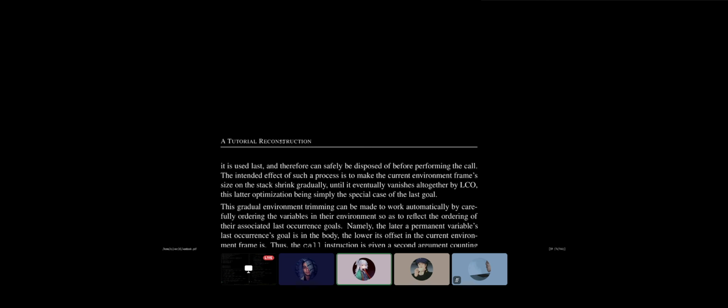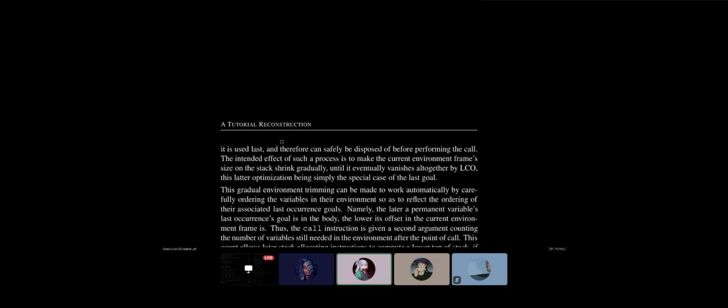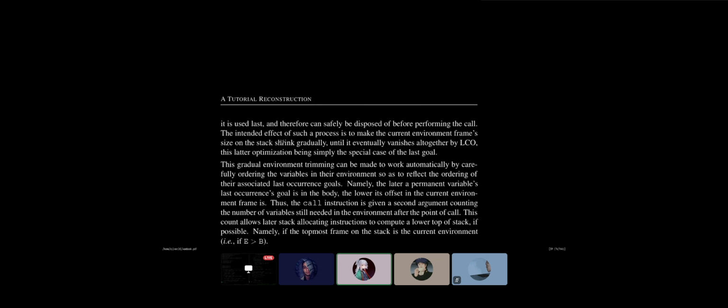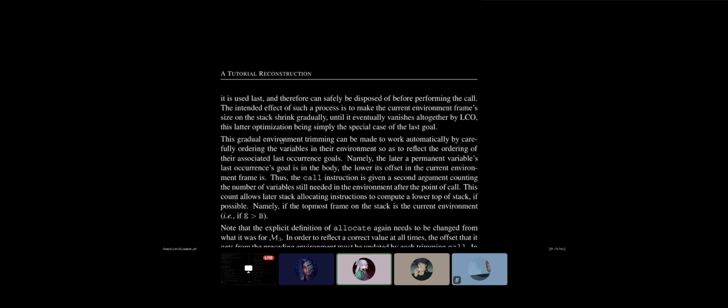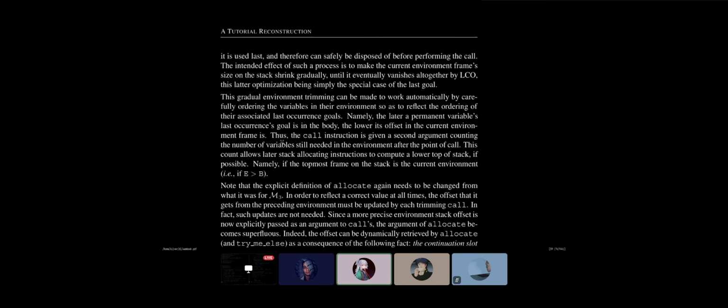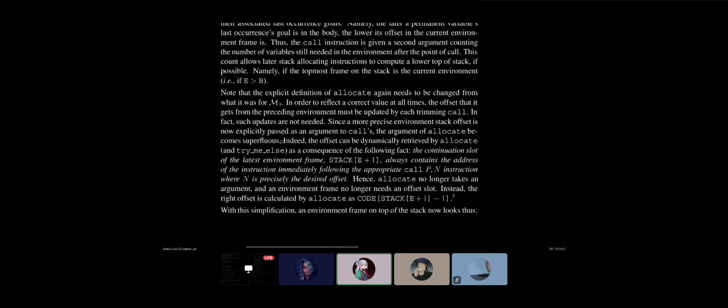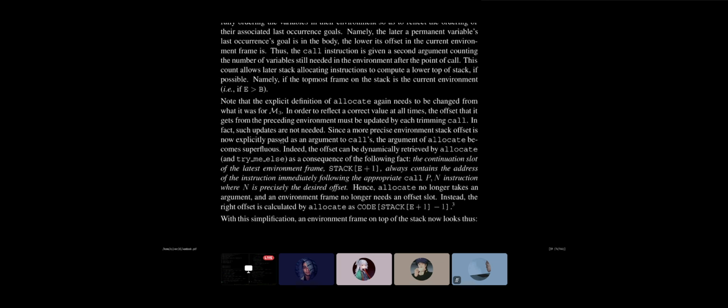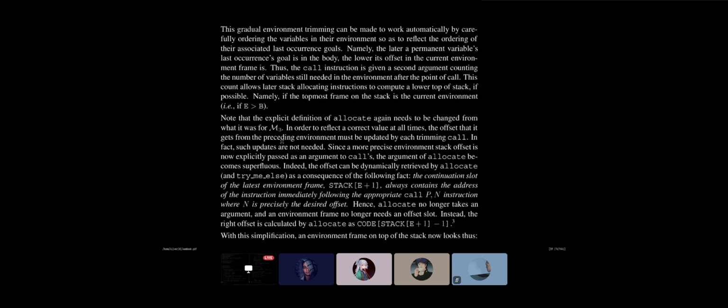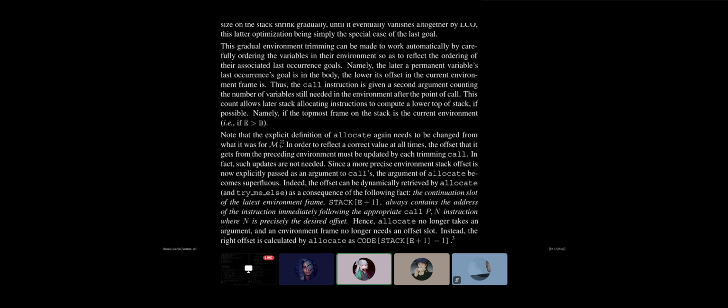The intended effect of such a process is to make the current environment frame size on the stack shrink gradually until it eventually vanishes altogether by LCO. We're not doing this, but also this shouldn't. The call instruction is given a second argument counting the number of variables still needed in the environment after the point of call.